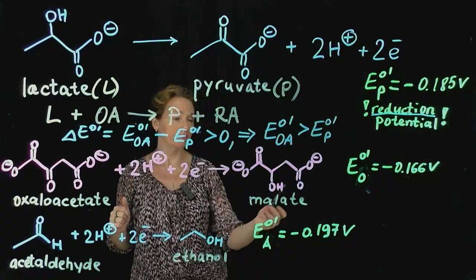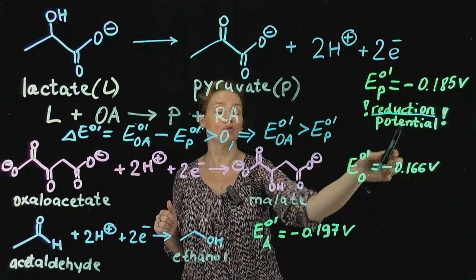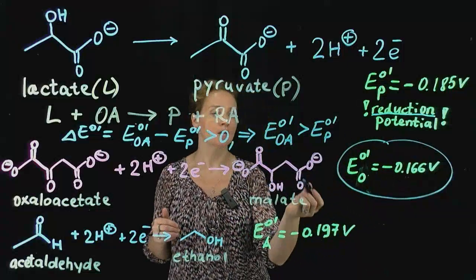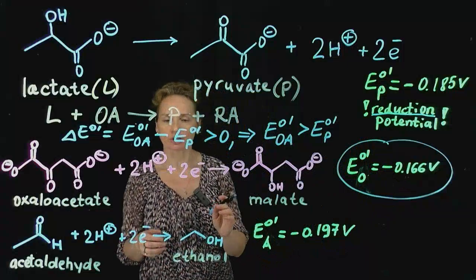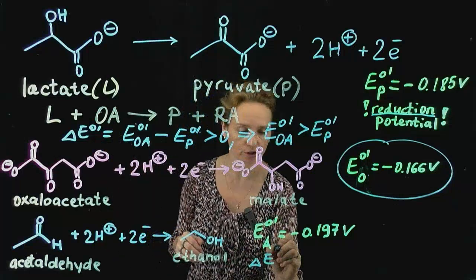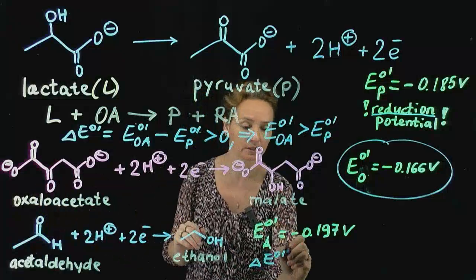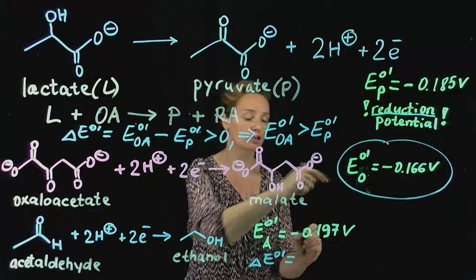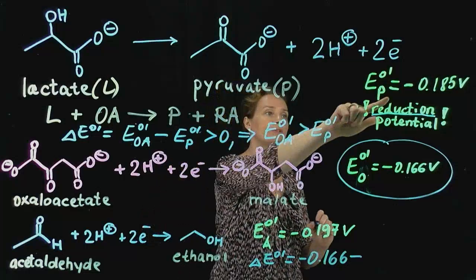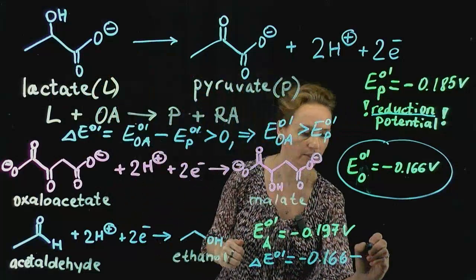The value for the oxidizing agent that is higher than that for the reduction potential of pyruvate will be this one. Higher, we mean less negative. And we can double check. If we plug in the values and calculate the reduction potential difference for the reaction between lactate and oxaloacetate, we use the value for the reduction potential of oxaloacetate first, and then subtract the value for the reduction potential of pyruvate, which is the oxidized form of lactate, the product of this reaction.